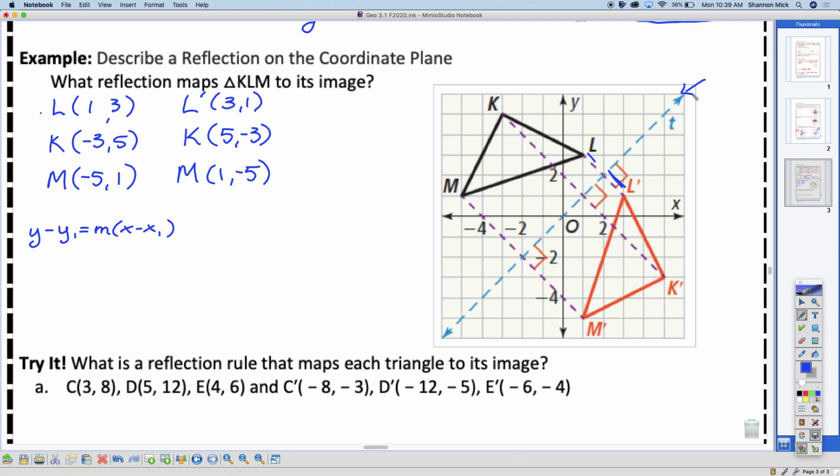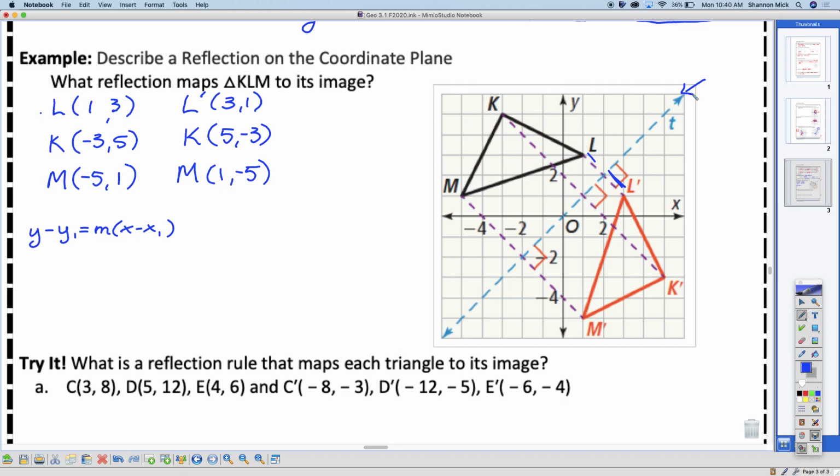So I need to find the midpoint. I need to have two points on this line, don't I? I have a picture, but am I always going to have a picture? Nope. So I need to review my midpoint. How do I find the midpoint? Mid means middle, right? I average them.